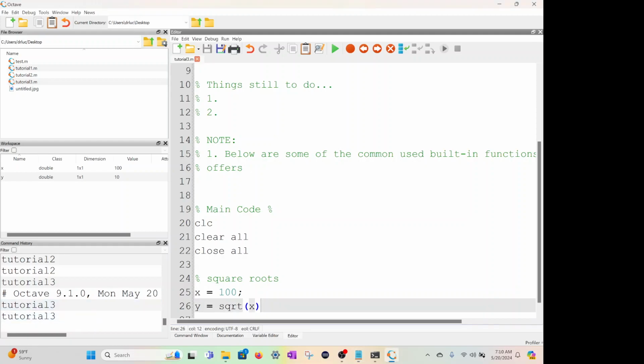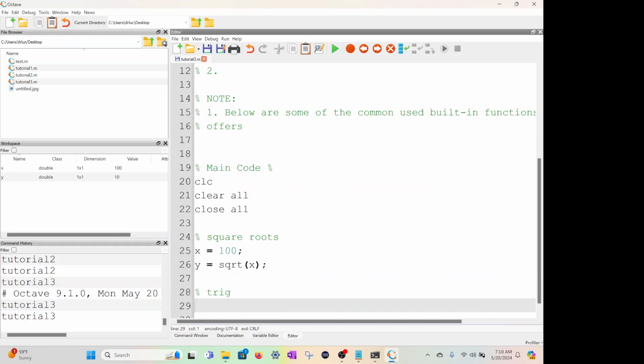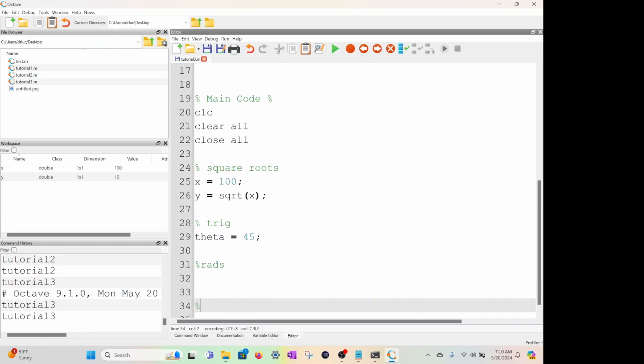All right, next is trig. So let's define an angle. Theta equals 45. And you have two options, radians and then degrees.